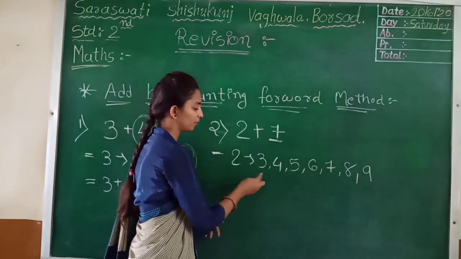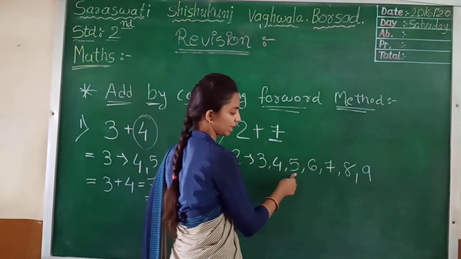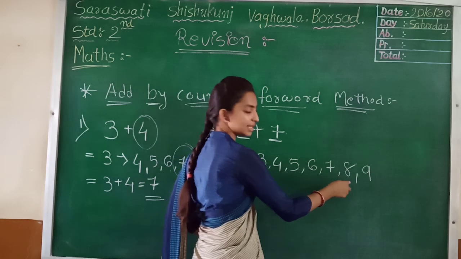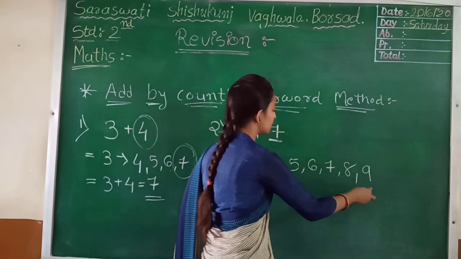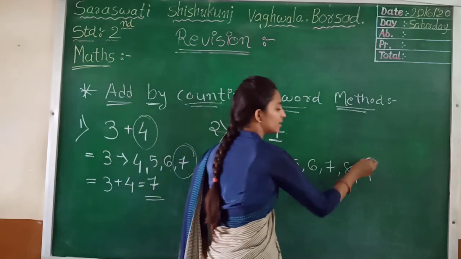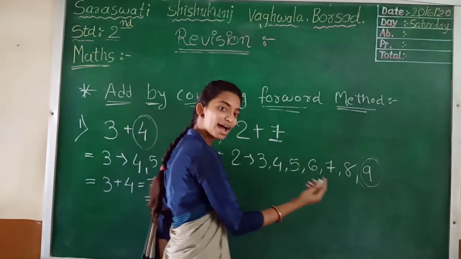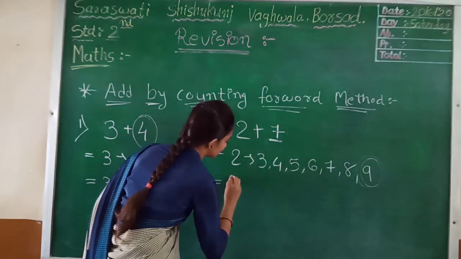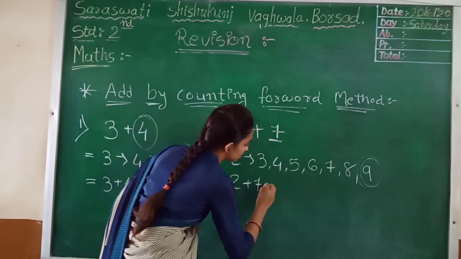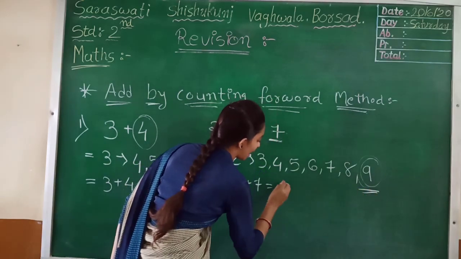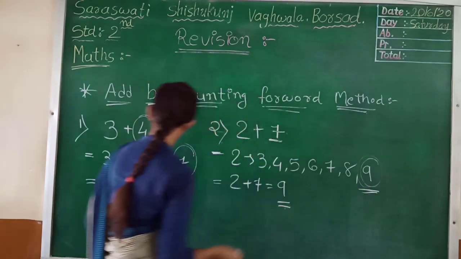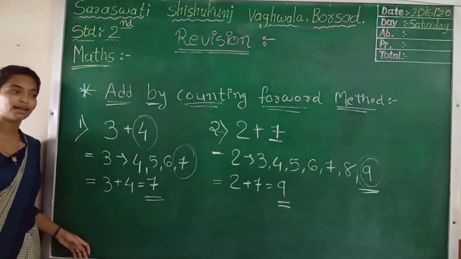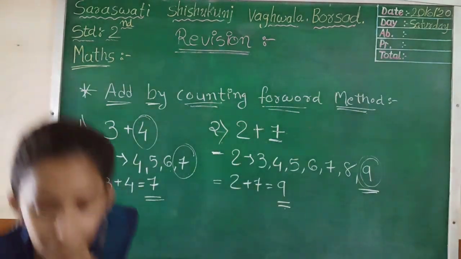How many numbers? 1, 2, 3, 4, 5, 6 and 7. So which number comes last? 9. So it will be our answer. So let's write it. 2 plus 7 is equal to 9. Understood?